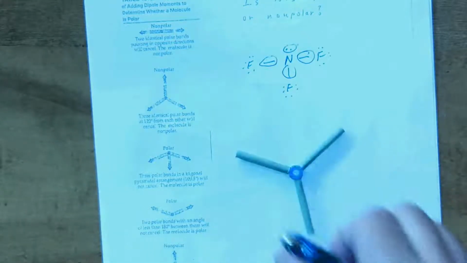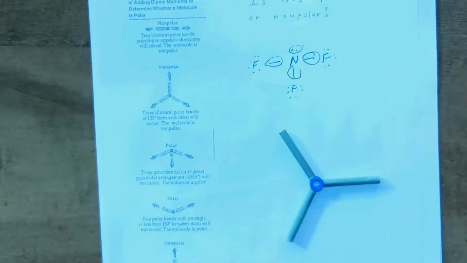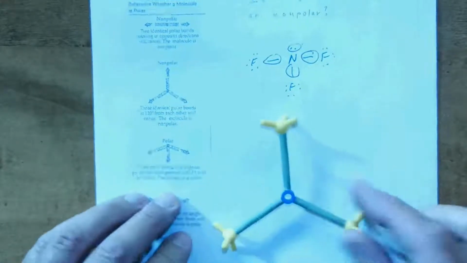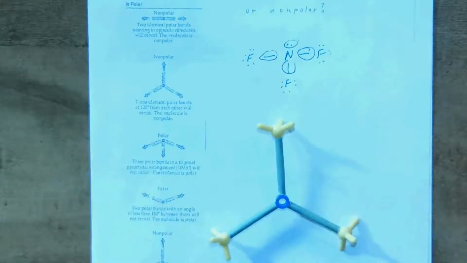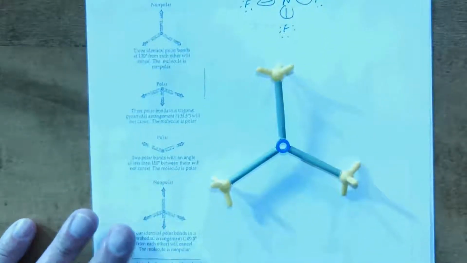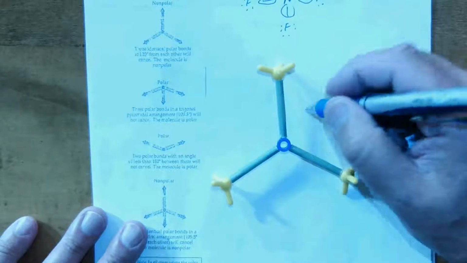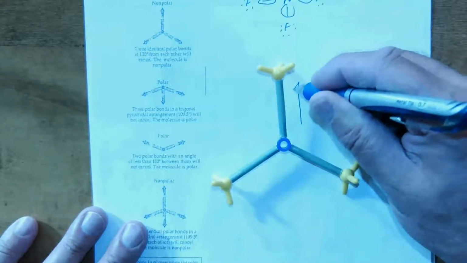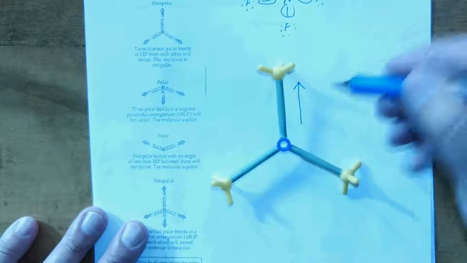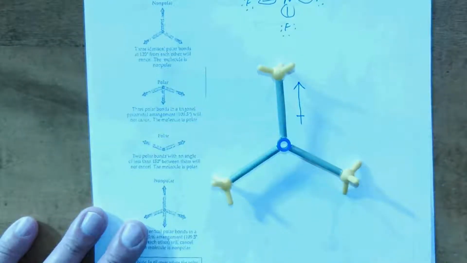Now, it can be tricky. Check it out. What if it had this shape? What if you had something that was flat like this? If, indeed, that was the correct shape. It's not. NF3 is not flat. But if it were flat like this, and you had electrons being pulled this way by this fluorine atom, that's my dipole, that little arrow.